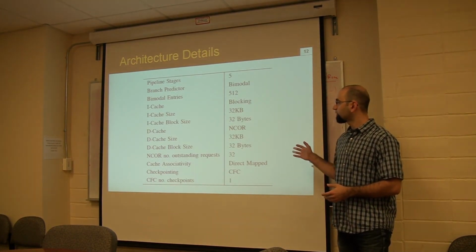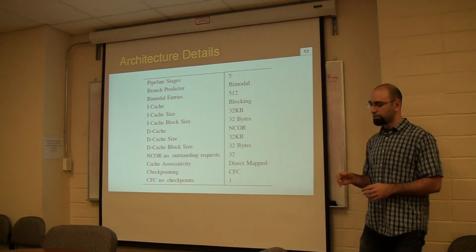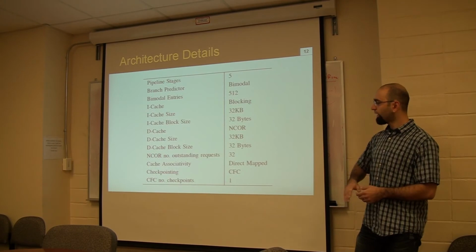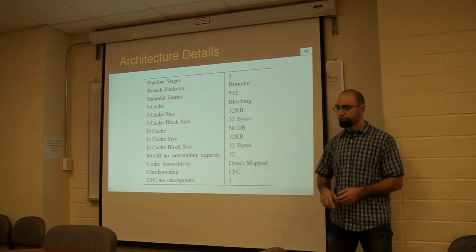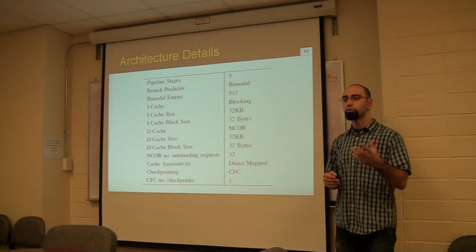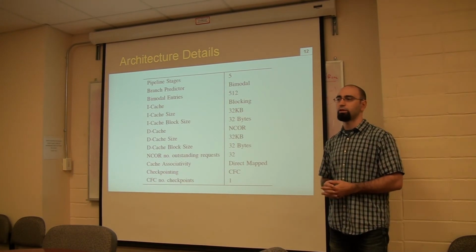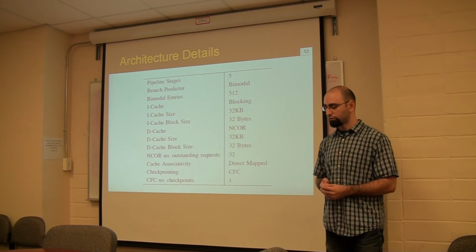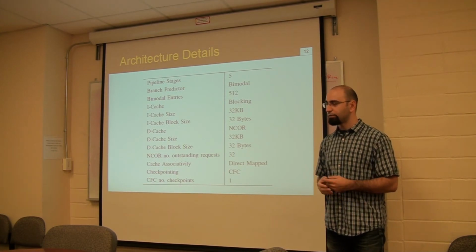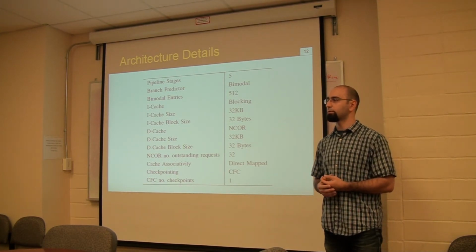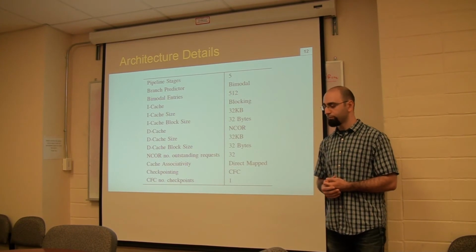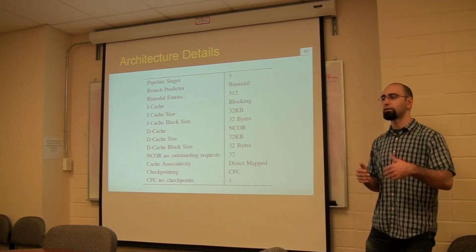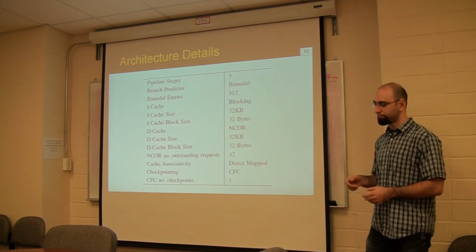The data cache is 32 kilobytes with a cache line of 32 bytes, and the core is actually capable of sending out 32 requests at the same time, so it can track 32 outstanding requests. We never really go that high because we don't have that much time in Runahead mode, and mainly because memory latency is not that high in this environment.